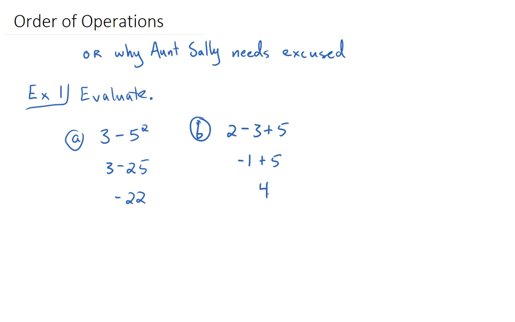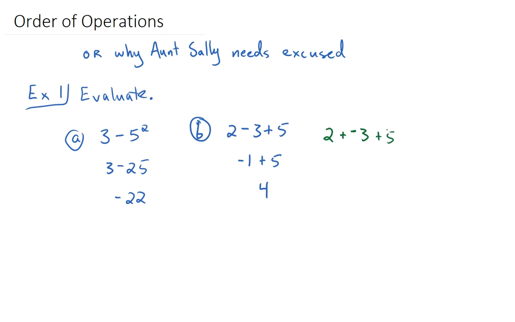Now, one of the things I said when I gave that rule is that there's actually some flexibility with it as far as the left to right rule. Left to right is the safe thing. It's not going to do you any harm. But if you understand that all subtraction is really addition and think of it as such, we can think of this as 2 plus a negative 3 plus 5.